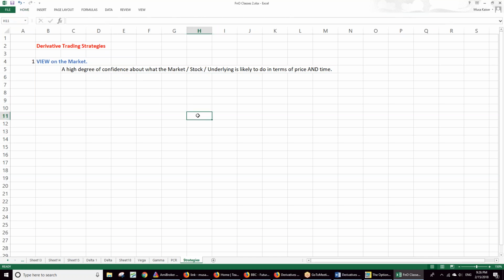So that obviously directly impacts what contracts you will trade, what strike prices you will look at, etc. So what is the view on the market? It could be bullish, it could be bearish, it could be sideways, also called range bound. And again, when you say bullish or bearish, till what price level, by when?